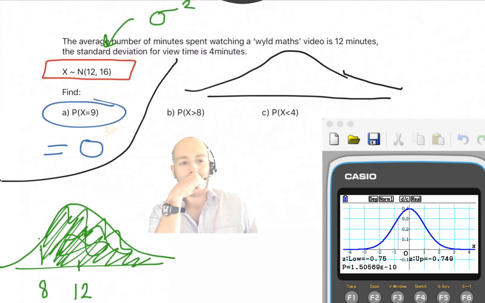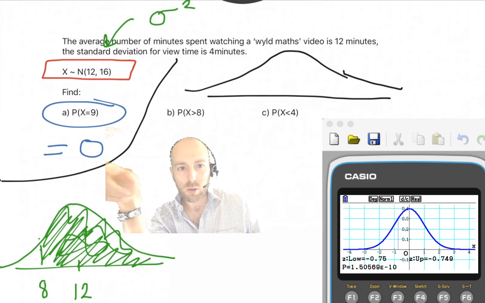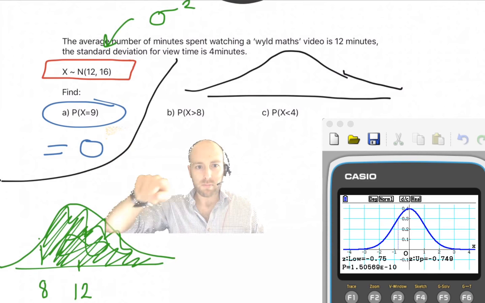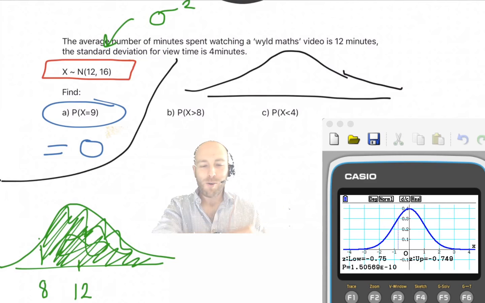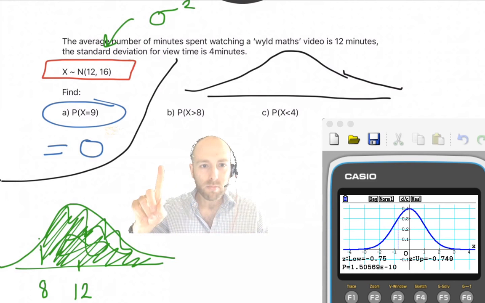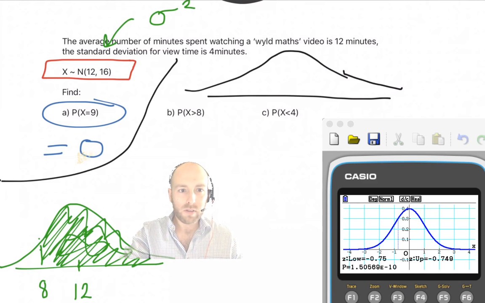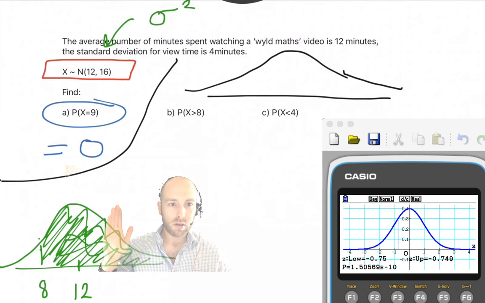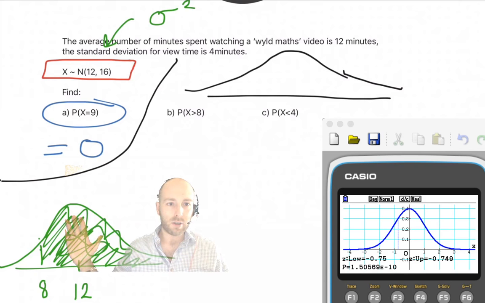All right. So as we said, the whole curve had a probability of 1. Half of the curve, this bit here from the mean upwards, should have probability of 0.5. So we're hoping our answer should be a bit more than 0.5.